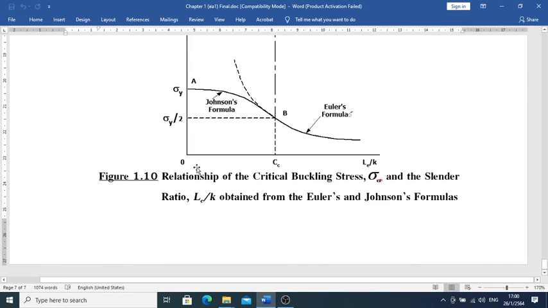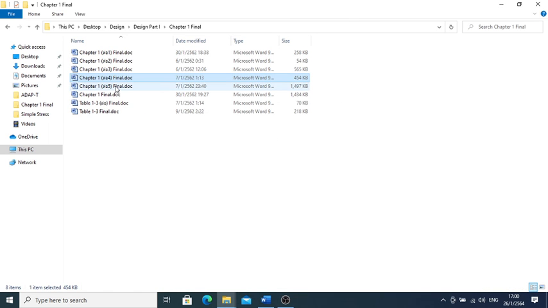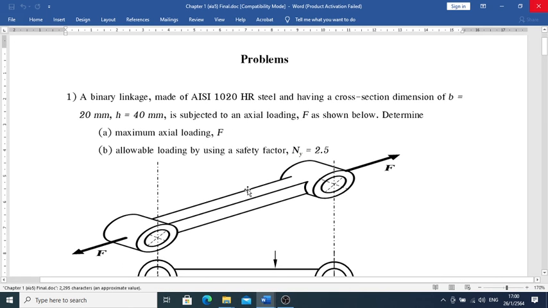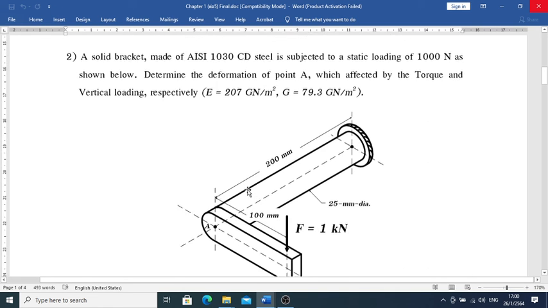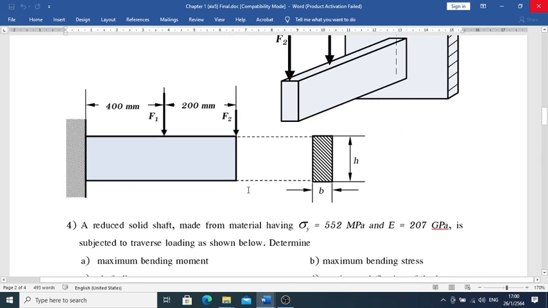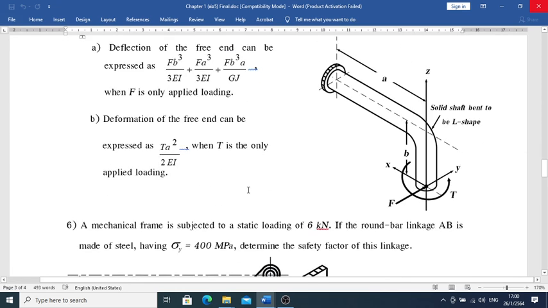Have a look at the problem set. Number one, you better practice by yourself, don't submit to me. Number two, practice by yourself. Number three, practice by yourself. Number four, practice by yourself.